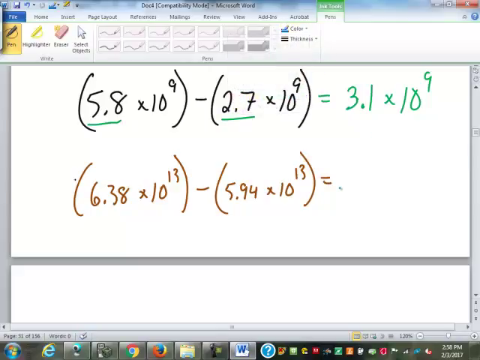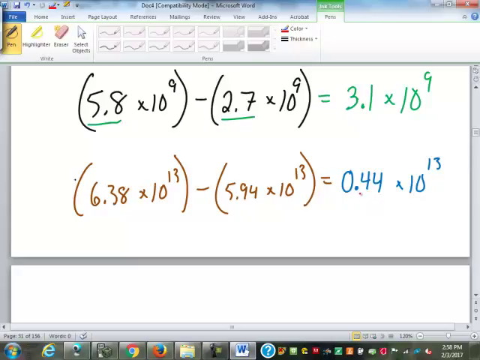What is 6.38 minus 5.94? It is 0.44. Good. Times 10 to the 13th.